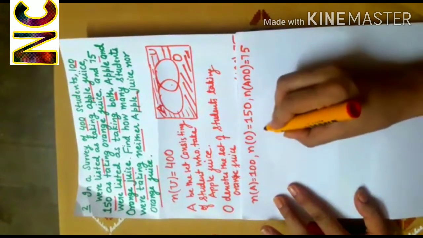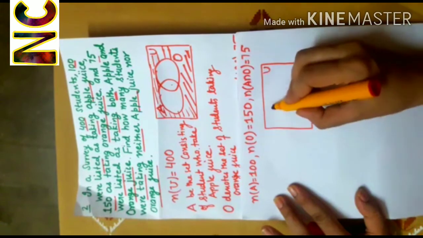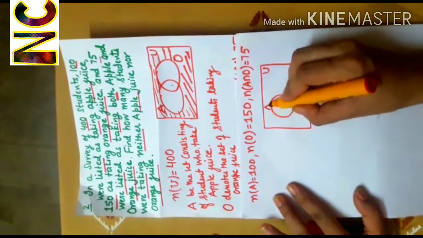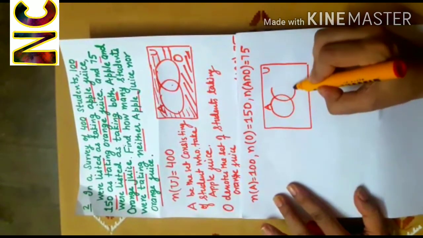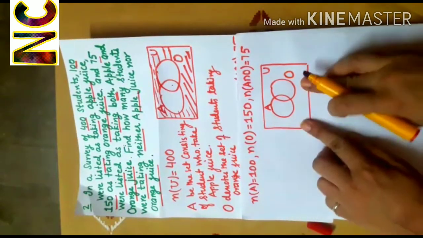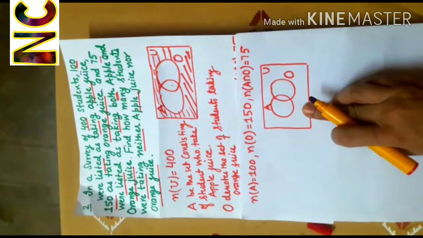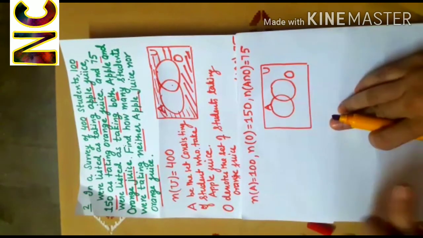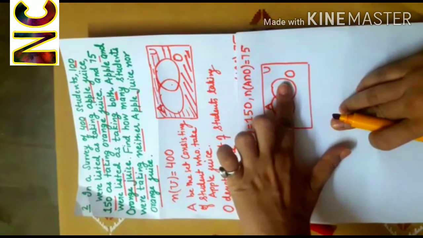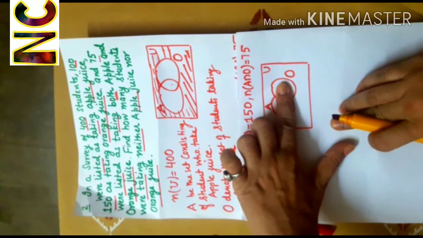Now look here. This was the universal set. Students who are taking apple juice and the set of students who are taking orange juice. Now the number of students who are taking neither apple juice nor orange juice. Yes, this part denotes the number of students who are taking either apple juice or orange juice.